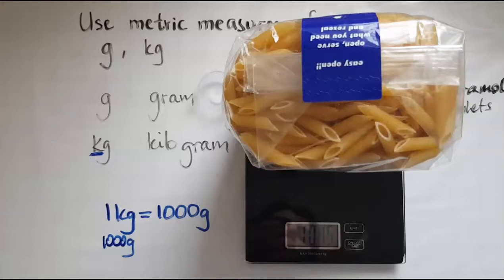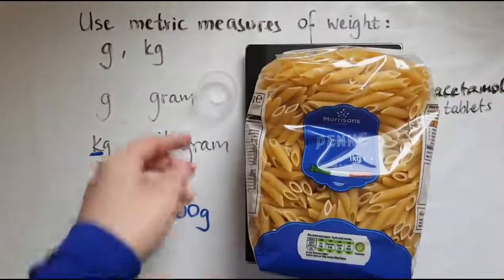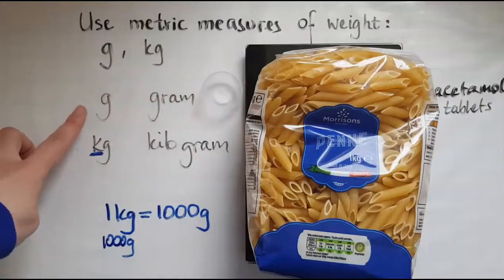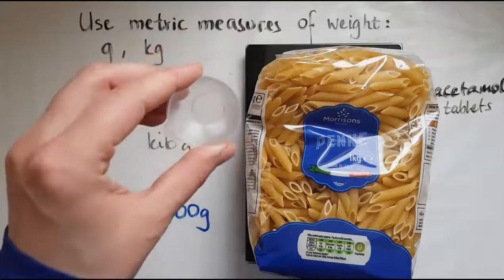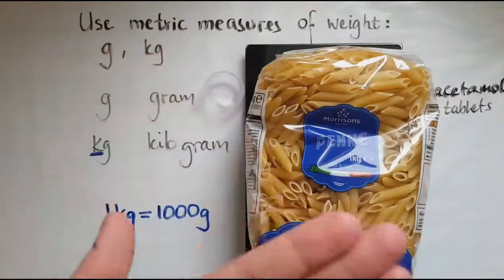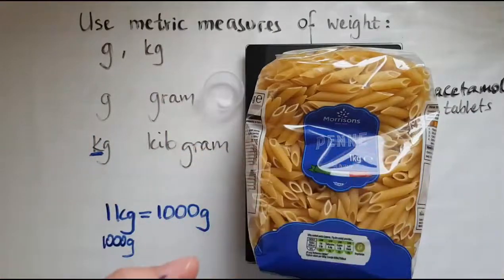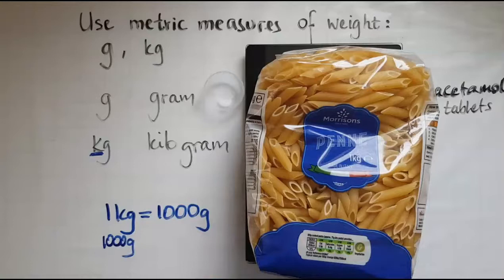And that hopefully will help you remember how many grams in a kilogram. You'll hopefully remember that a gram is smaller than a kilogram, and a gram weighs as much as 2 paracetamol tablets. A kilogram weighs the same as a bag of sugar or a bag of pasta or a bag of flour.